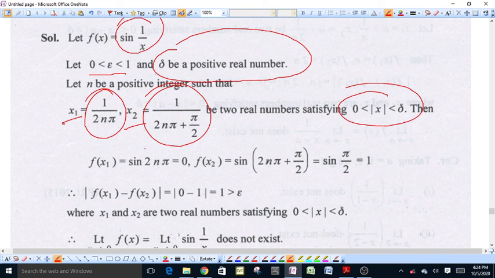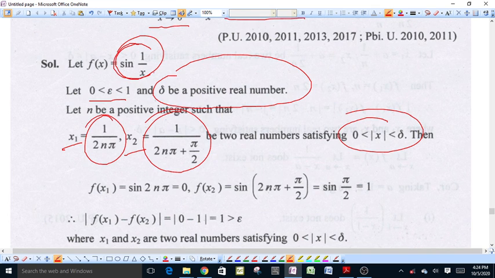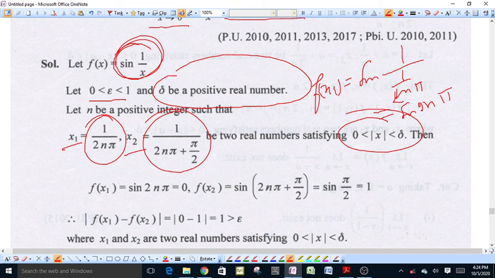If we put this point in the function, f(x1) will be equal to sine of 1 upon x1, which is sine 2n pi, and sine 2n pi is equal to 0. Similarly, f(x2) is equal to sine of (2n pi plus pi by 2), which is equal to sine pi by 2, which is equal to 1.